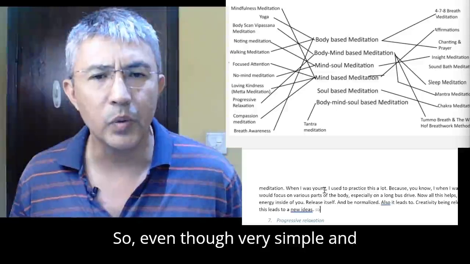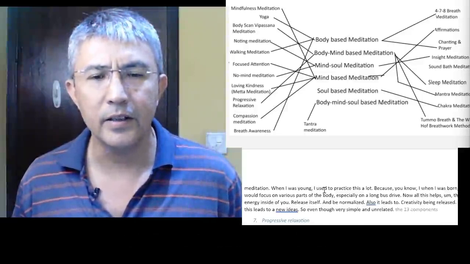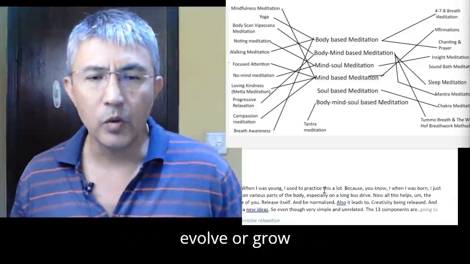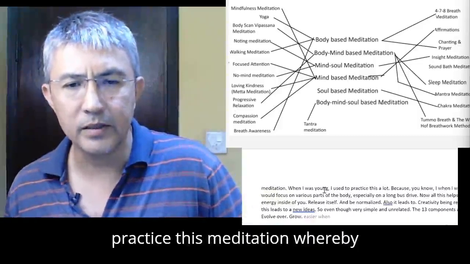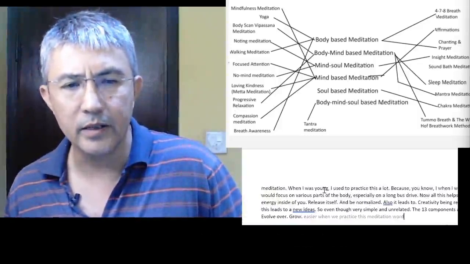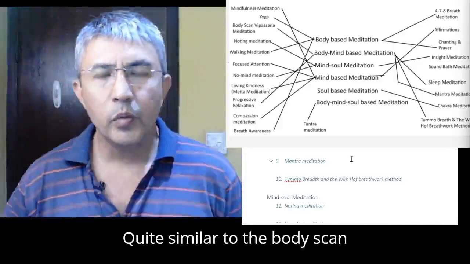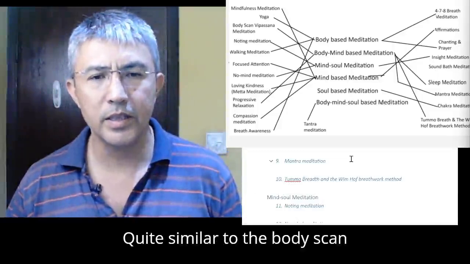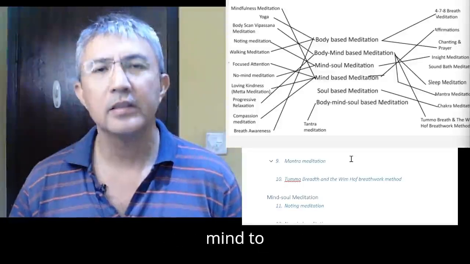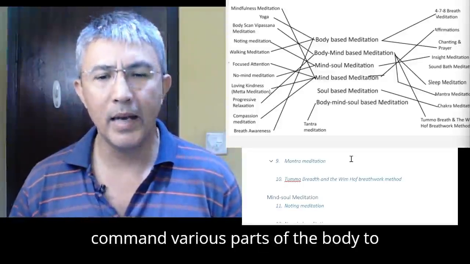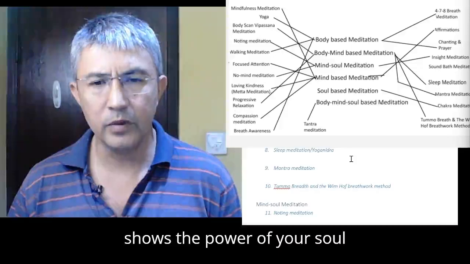So, even though very simple and unrelated, the 13 components are going to evolve or grow easier when we practice this meditation, whereby our focus is on the various parts of the body. It worked for me. Quite similar to the body scan method, by willingly using your mind to command various parts of your body to relax shows the power of your soul also.